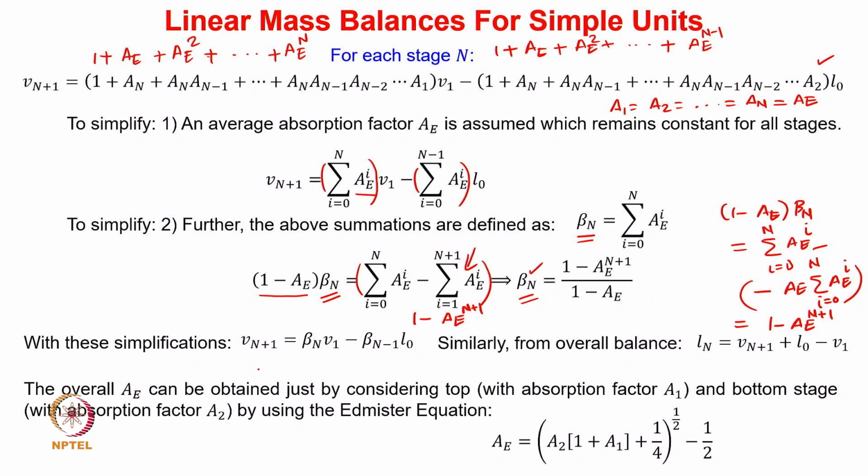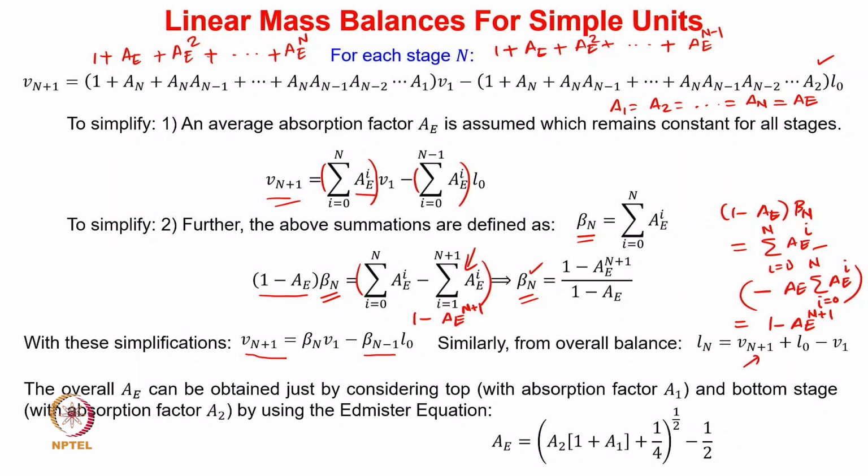With this simplification, this equation can be written as Vn plus 1 is given as beta n V1 minus beta n minus 1. Remember, in this case it is going to n minus 1, so that becomes beta n minus 1 into L naught. Also the overall balance is: the vapor coming into the absorption unit is Vn plus 1.